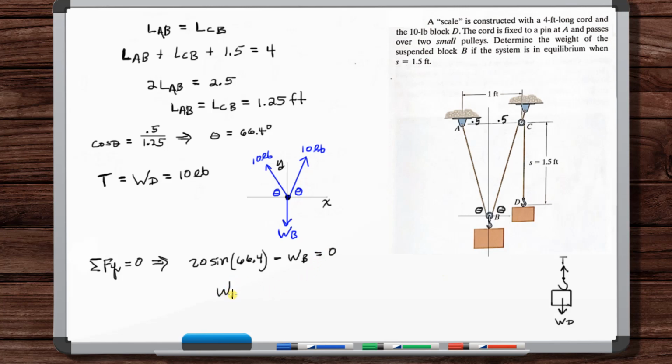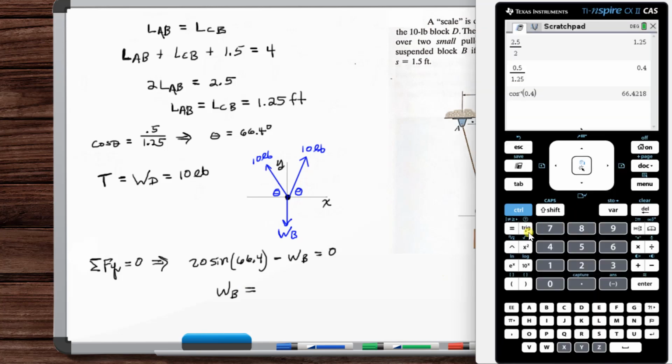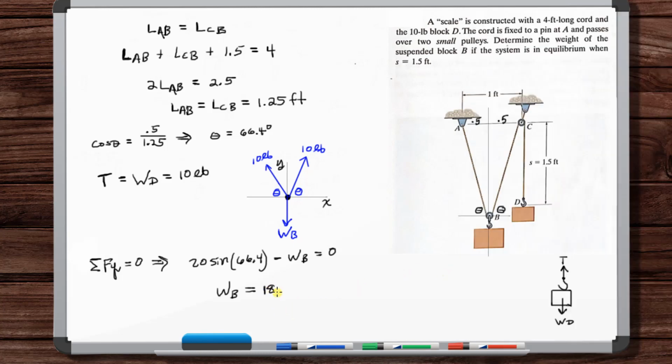So WB is equal to 18.33. And that is the weight of block B. That's what the question was asking. So that is your final answer.